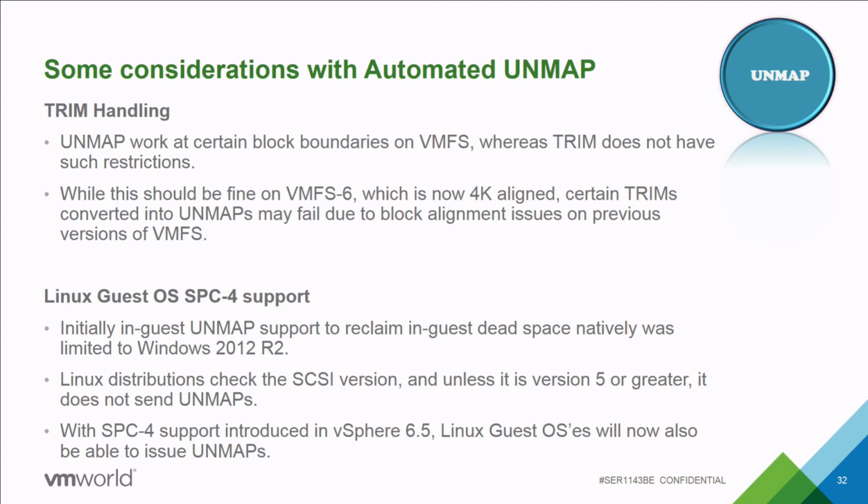In 6.5, one of the major changes from a virtual SCSI stack perspective is that they now support up to SCSI 6, SBC 4, in other words. If you look at your virtual disk inquiry information, you'll see it's virtual disk 2.0, and there's a whole new set of versions for SCSI support that you can actually see when you inquire on these virtual disks. And so this added support for Linux in-guest unmap.